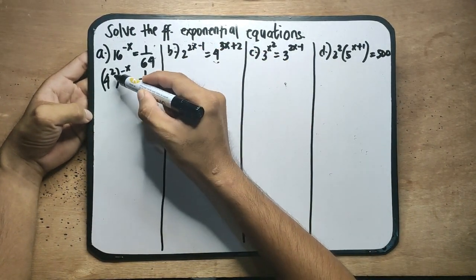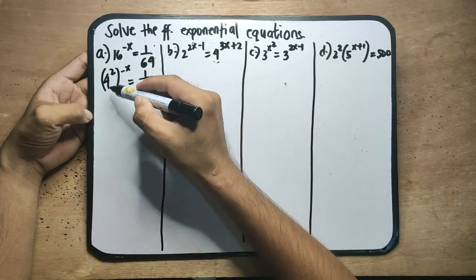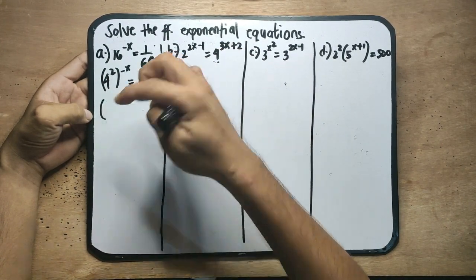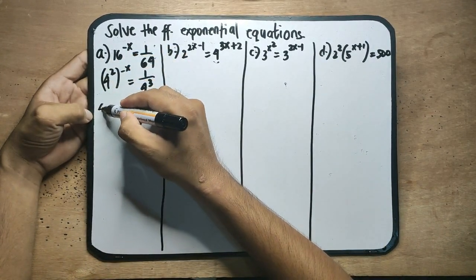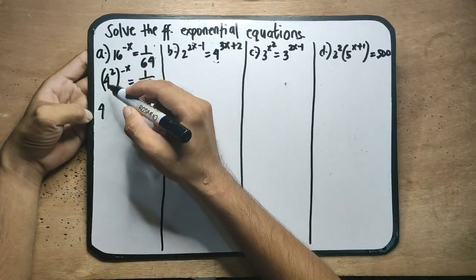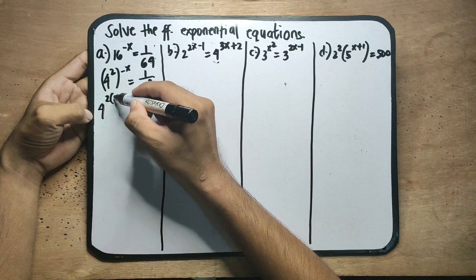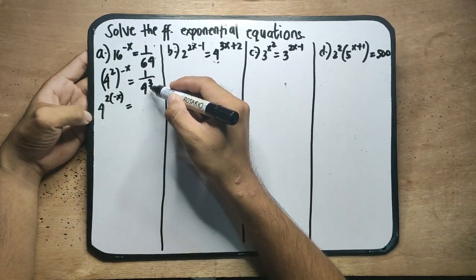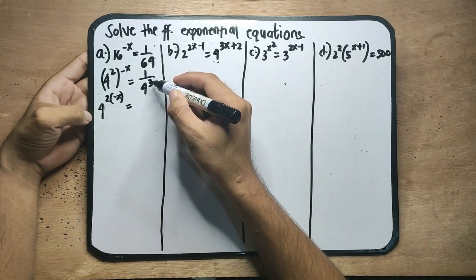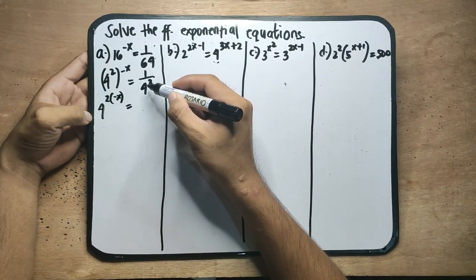So, product rule, pag multiply natin yung kanilang exponents. So, 4 raised to 2 times negative x is equal to 1 all over 4 raised to 3.